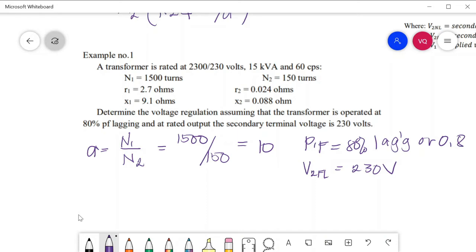Before we can solve the voltage regulation, we need to solve first the equivalent resistance at primary and equivalent reactance at primary.